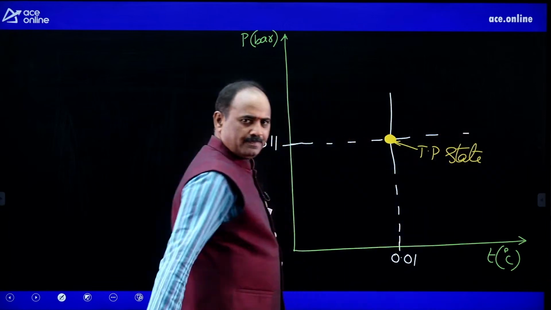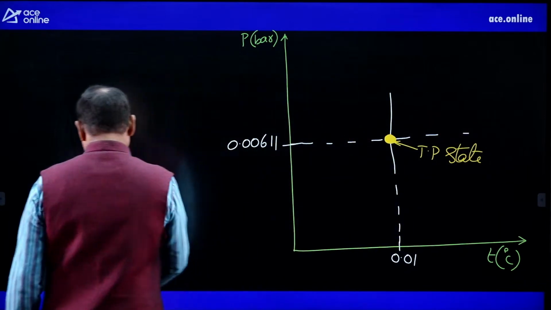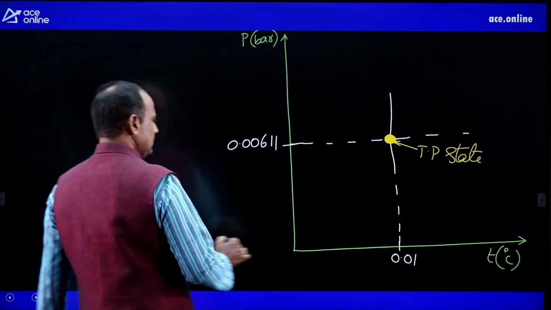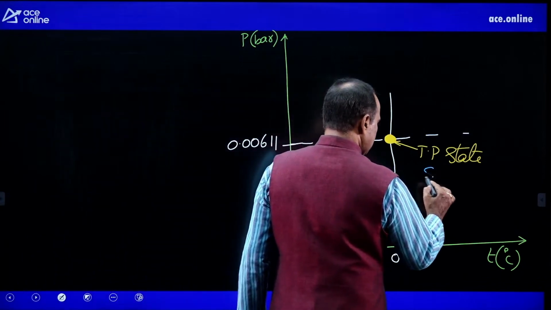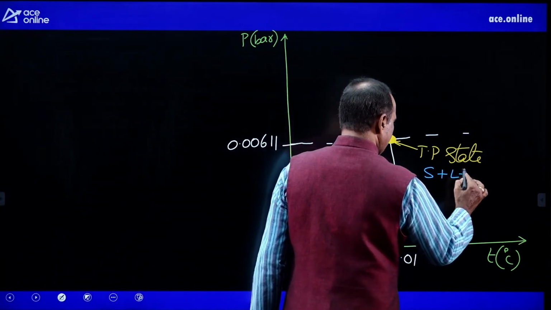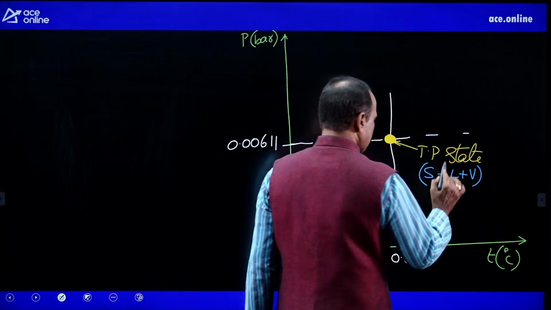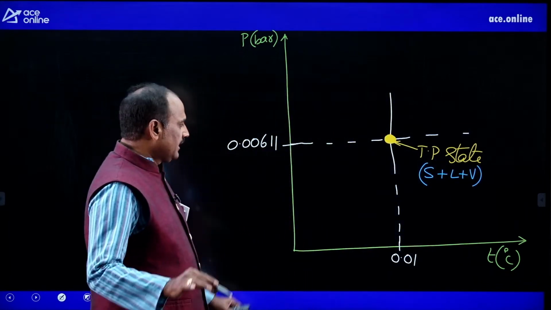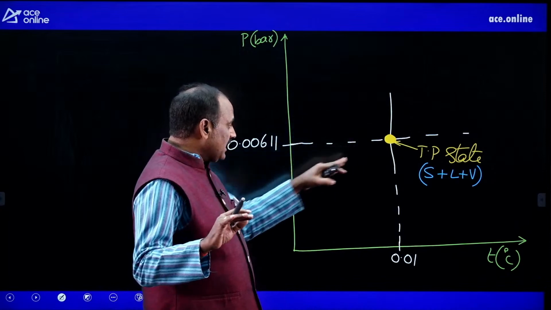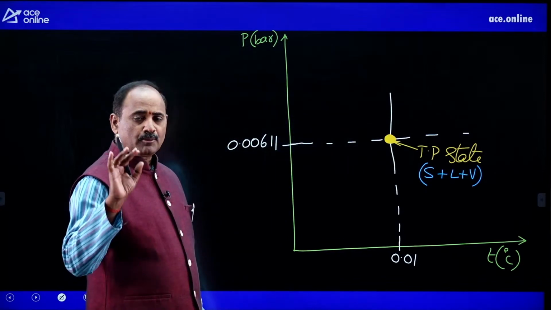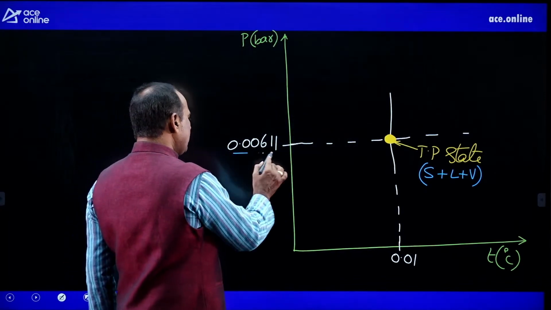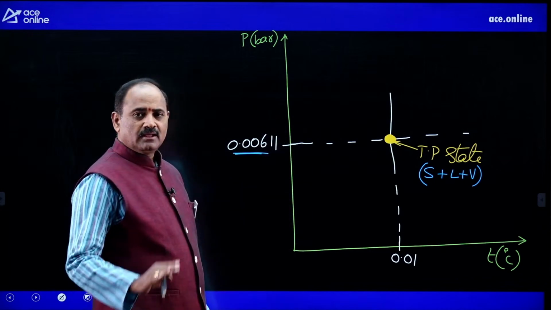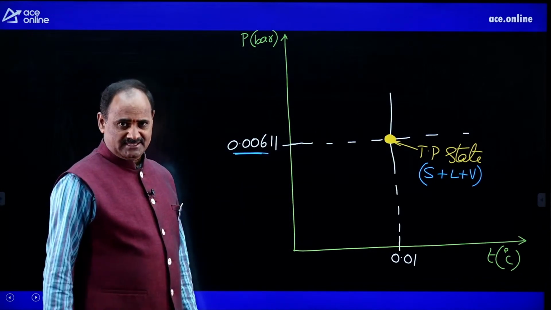At the triple point state, solid state is available, liquid state is available and vapor state is available. Okay? Dear friends, remember, below the triple point state pressure, liquid phase cannot exist.